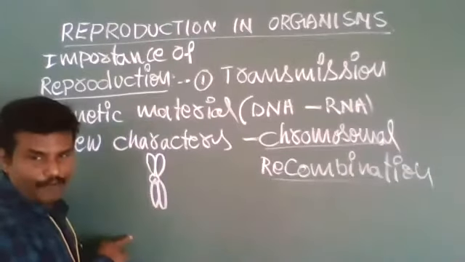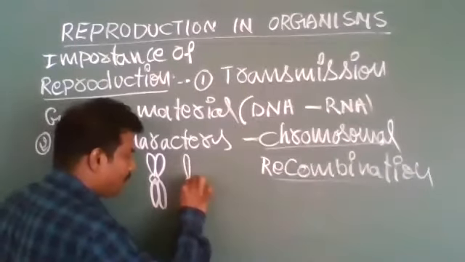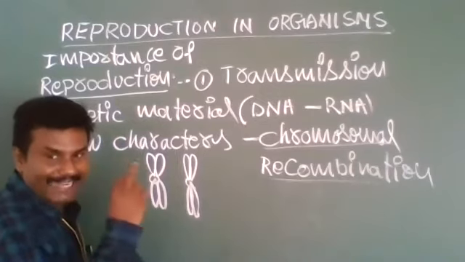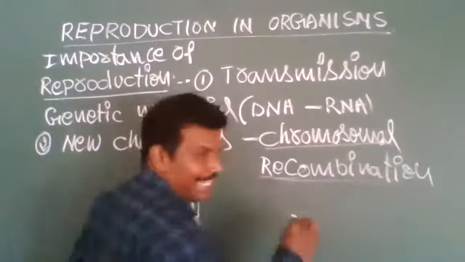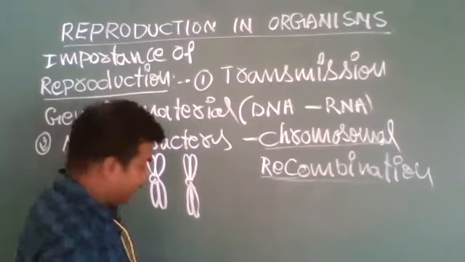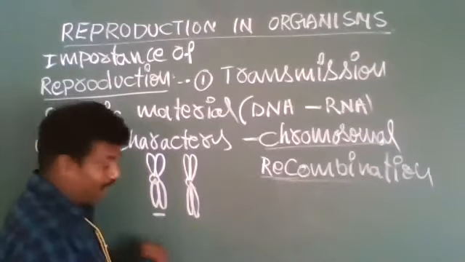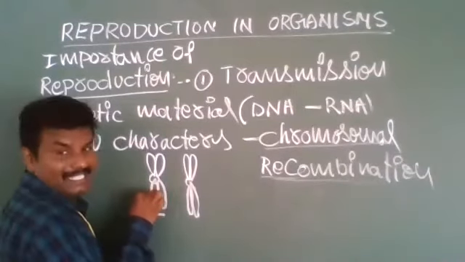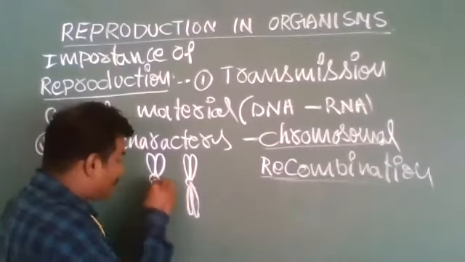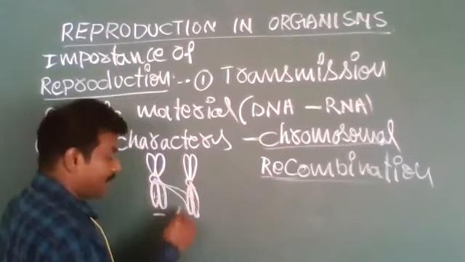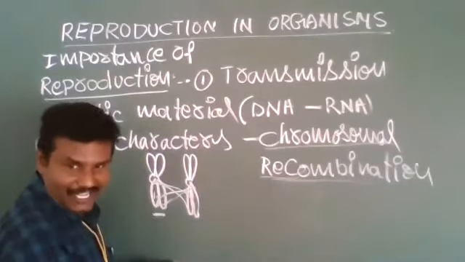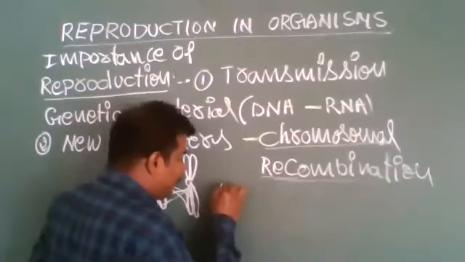This is one pair of chromosomes, here another pair of chromosomes. In between these, recombination, the word itself says the significance. Chromosomes are recombined between non-sister chromatids. This is sister to this, this is sister to this, and these two are non-sister. In between these two, recombination occurs. This chromosome combines and binds with this, and this chromosome combines and binds with this. Between these two, chromosomal recombination occurs.